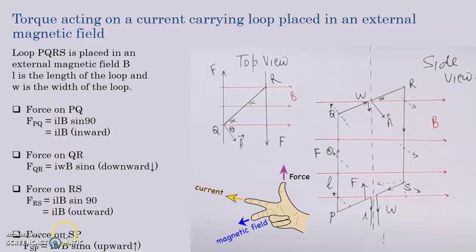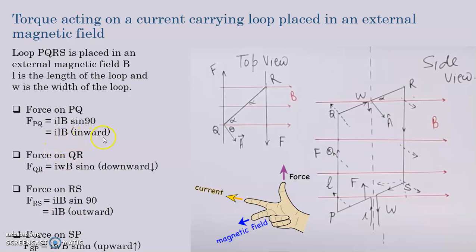These are the four forces acting on the four straight conductors forming the coil. Also, these four conductors are bound to each other, so they can apply force on each other and they cannot be separated. We see that force on PQ and force on RS is equal and opposite in direction to each other.